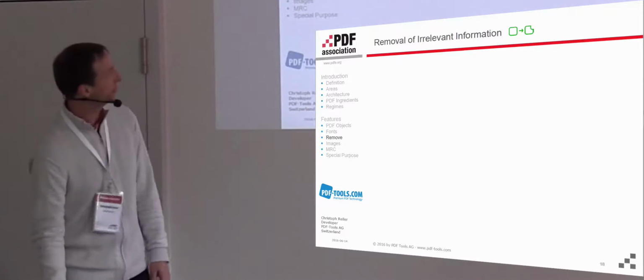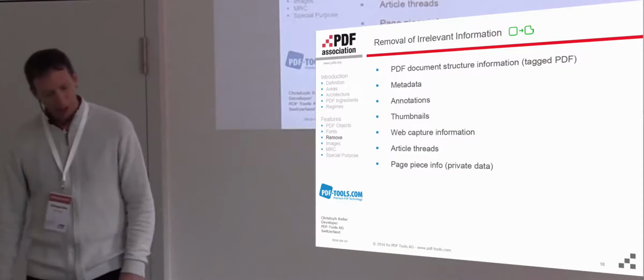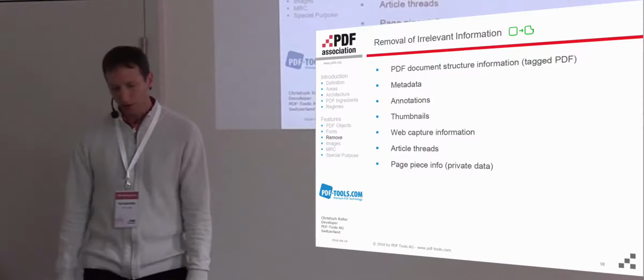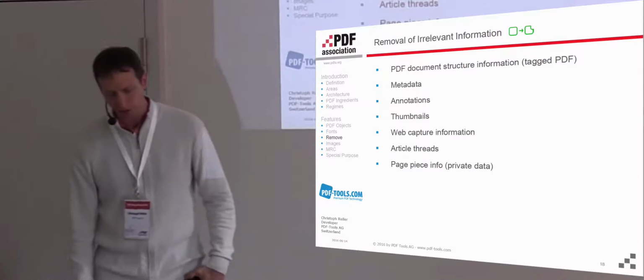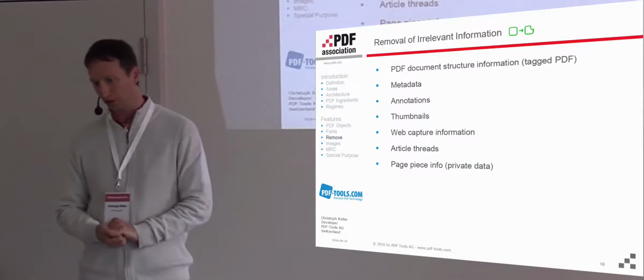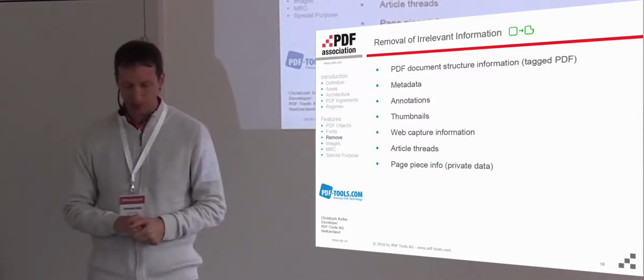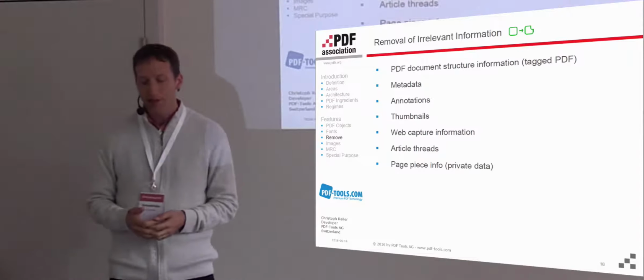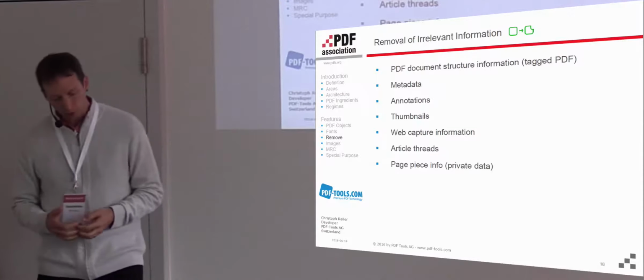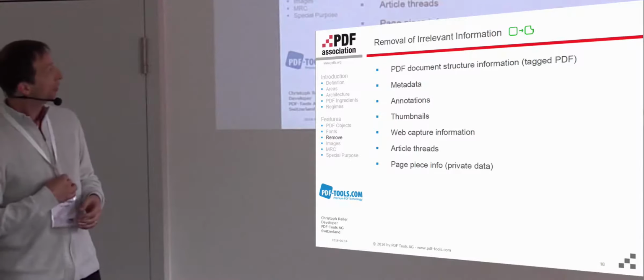While we are at removing things from PDFs, let's have a look at what else we can remove. Structure information, metadata, annotations. It's a very special thing to remove annotations, but it's asked sometimes, and so are thumbnails, web capture info, article threads, page piece info. Now, we have to be careful.